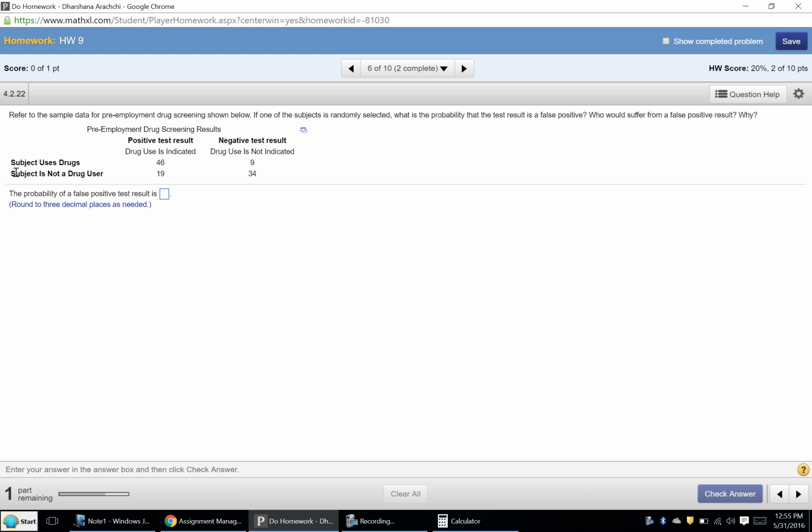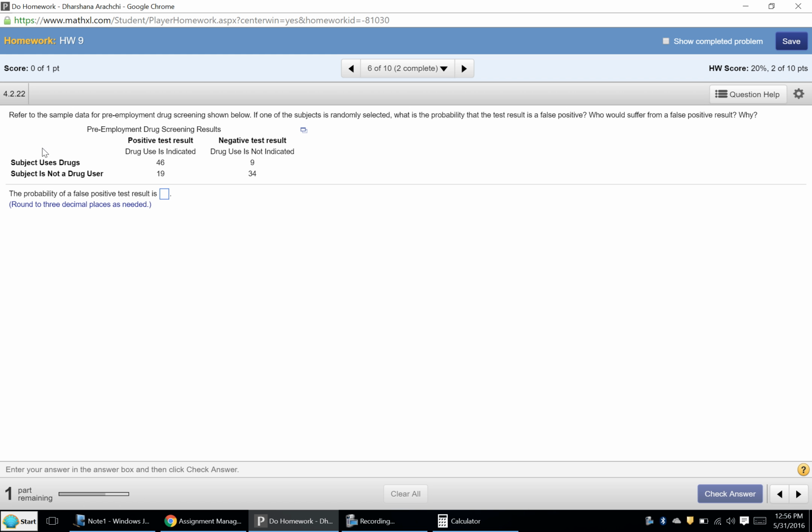A subject uses drugs, so the subject is truly using drugs. The first row is the number of people who truly use drugs, and the second row represents the number of people in the experiment who did not use drugs, or who truly are not using drugs.